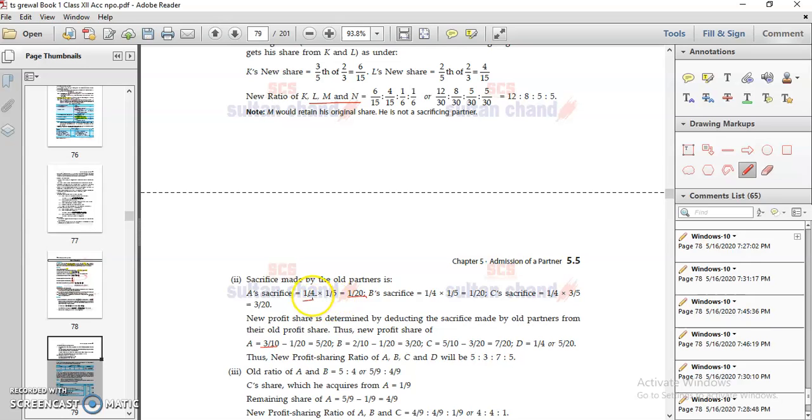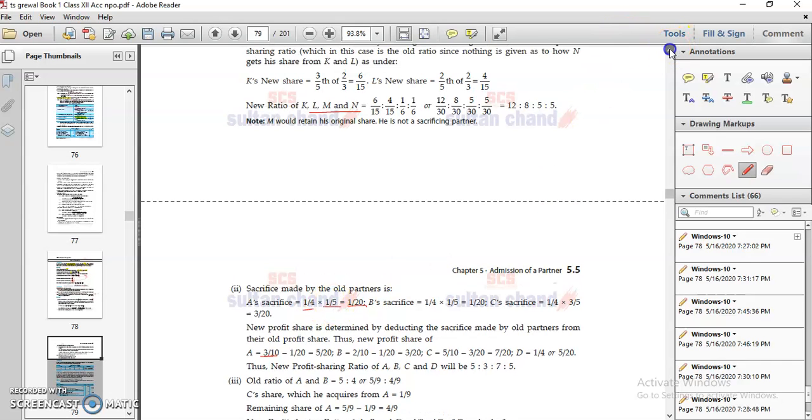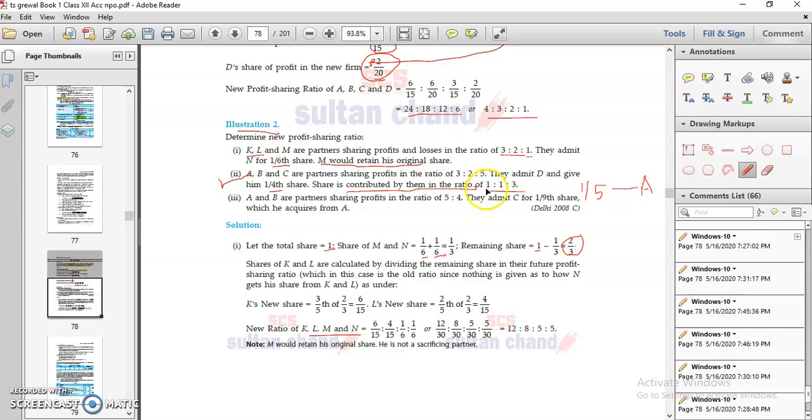Out of that 1/4, the total share of D is 1/4, but A contributed only 1/5 of that part, so you multiply by 1/5. It is 1/5 by A, 1/5 by B, 3/5 contributed by C for D.